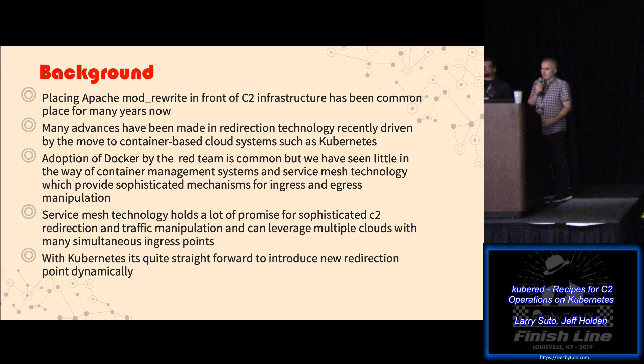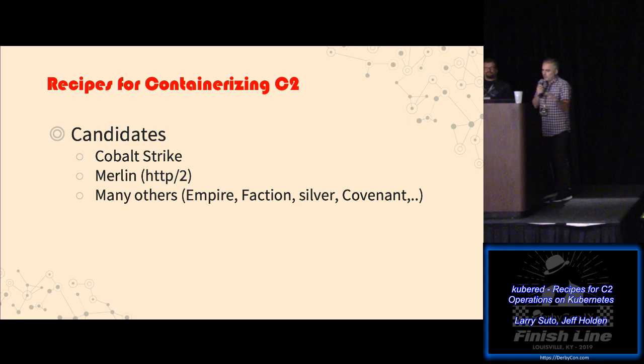The nimbleness of your ability to deploy redirectors, change things on the fly, and redeploy is just amazing. With Kubernetes in the mix, it's really easy to deploy redirectors almost at will.